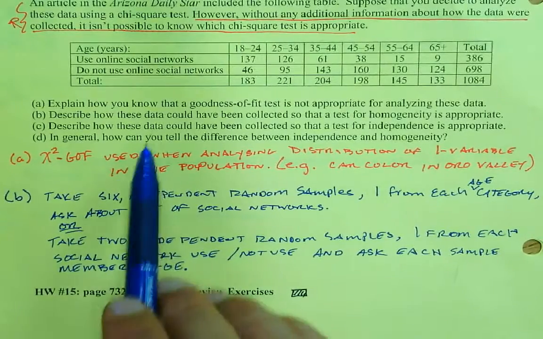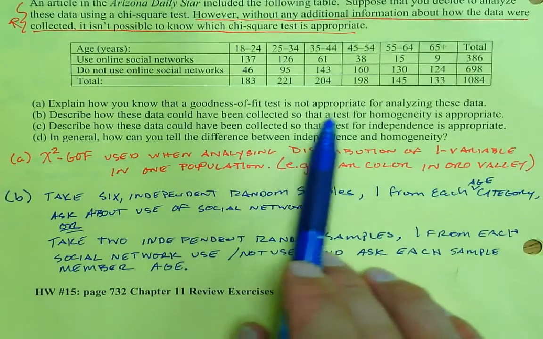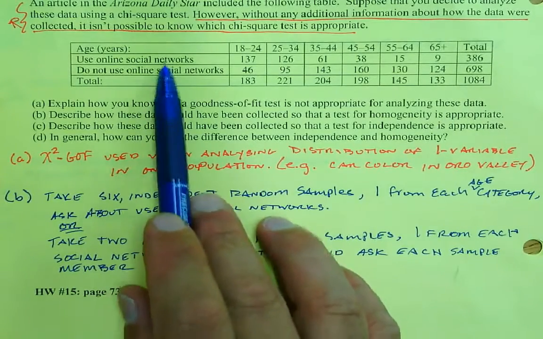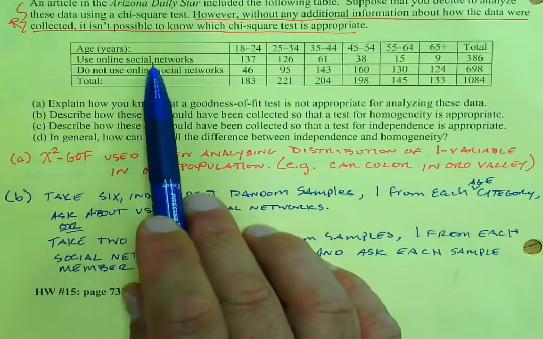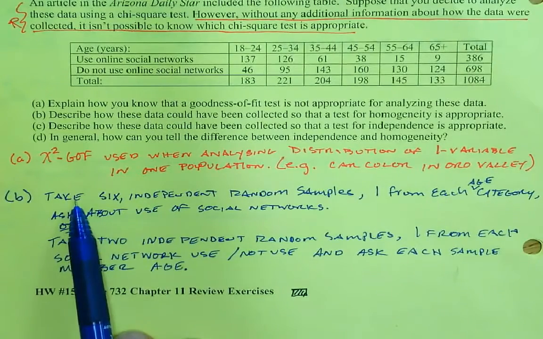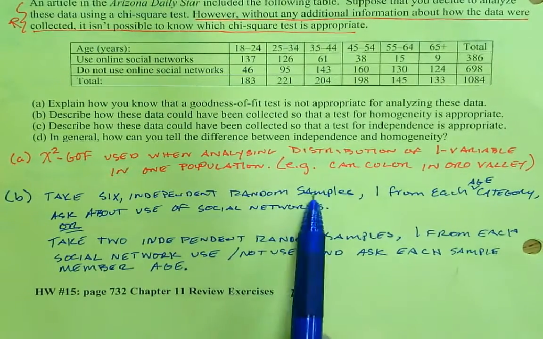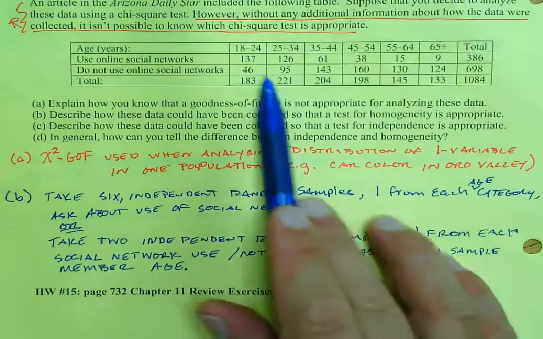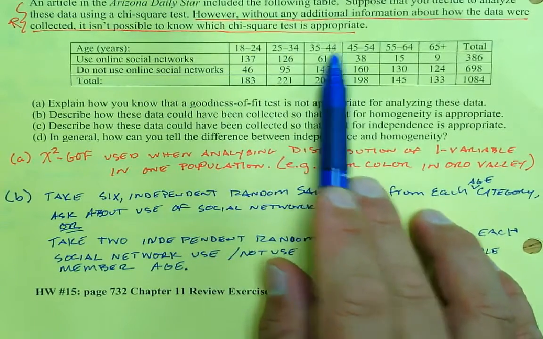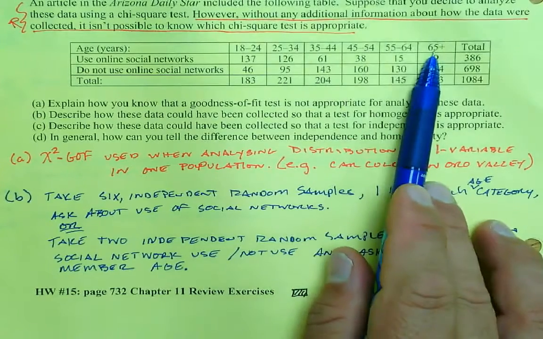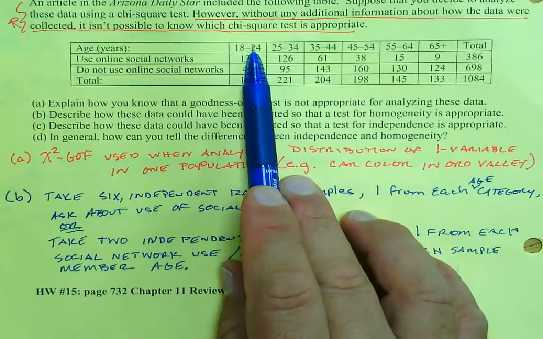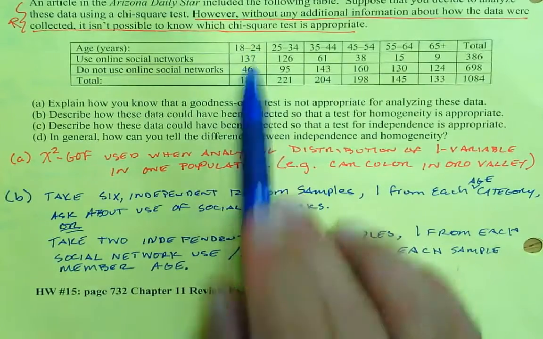For B, if we're going to be collecting the data for a test for homogeneity, to determine if the two distributions of use and not use of social networks are the same, we could either take 6 independent random samples, one from each age category, 18 to 24, 25 to 34, third category, fourth category, fifth category, sixth category, and ask them about their social networks. Do you or do you not use social networks online?